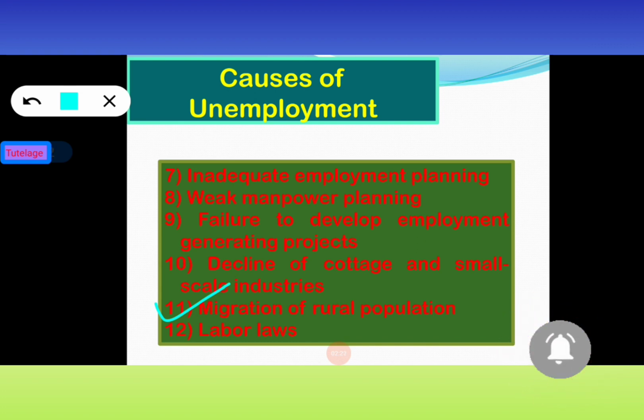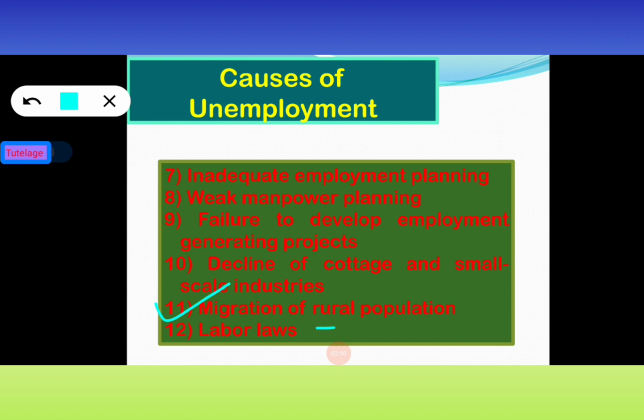So there has been large scale migration of people from rural areas to urban areas due to inadequate employment opportunities in rural areas and higher wages in urban areas, but jobs are not available in urban areas. So it has increased the urban unemployment in India. So that is one of the most important causes.